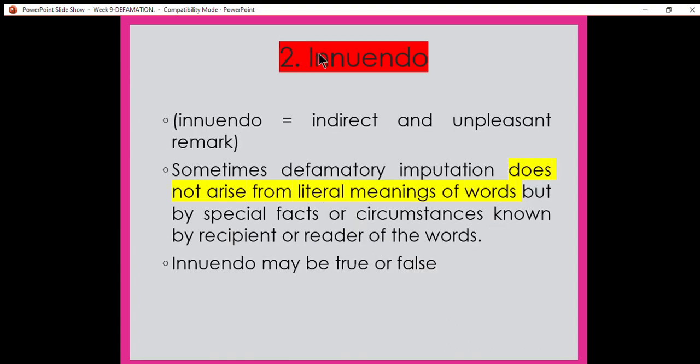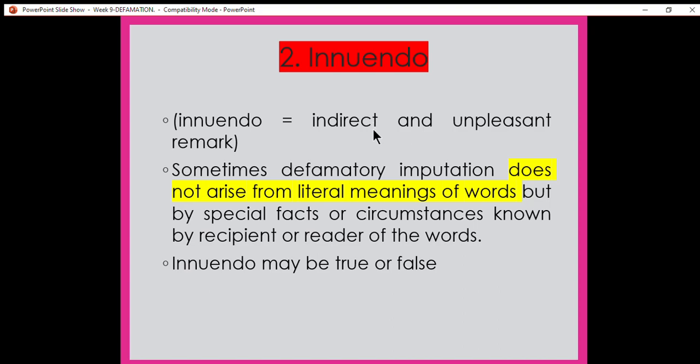Okay, the second type of defamatory words is innuendo. Innuendo means indirect. The statement itself is an indirect and unpleasant remark. Sometimes a defamatory imputation does not arise from the literal meaning of words, but from special facts or circumstances known by the recipients or readers of the words.